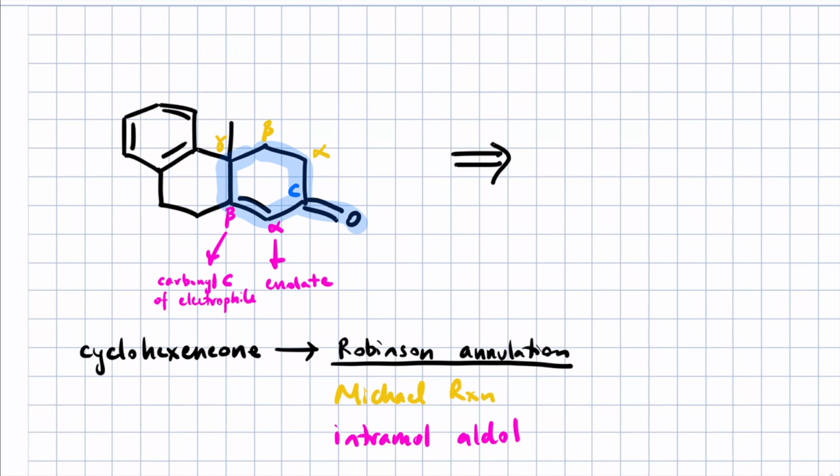And we'll remind ourselves that there used to be a pi bond between the alpha or yellow alpha and beta carbons, and that the gamma carbon used to be the alpha carbon of an enolate.